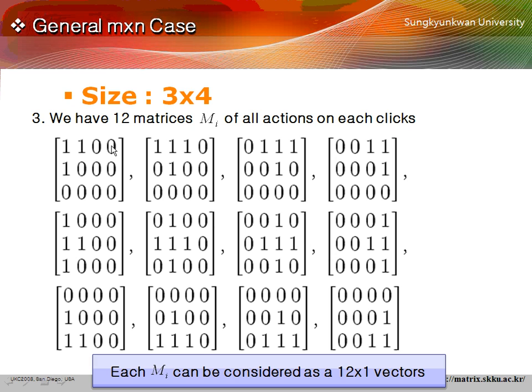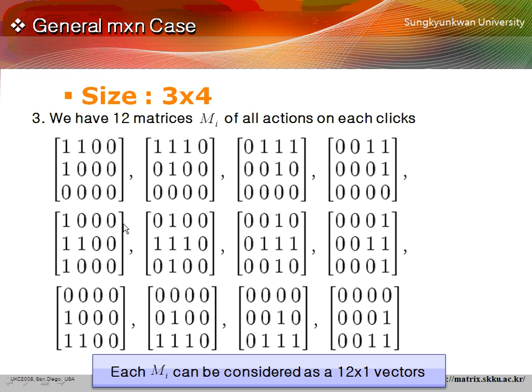So for the 3x4 rectangular Blackout game, how many actions do we have? We have 12, 3 by 4: 1, 2, 3, 4, 5, 6, 7, 8, 9, 10, 11, 12. We have these 12 actions. This is all. There are no other actions to be taken on 3 by 4 Go games.